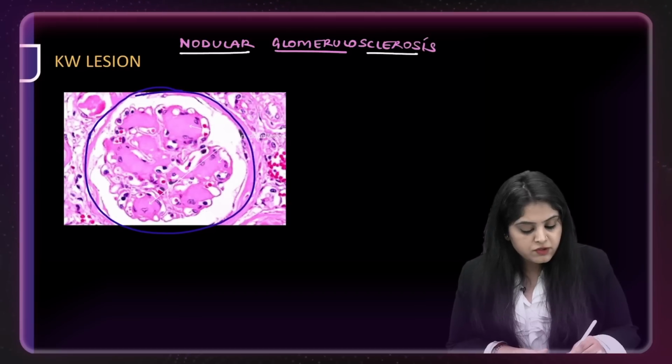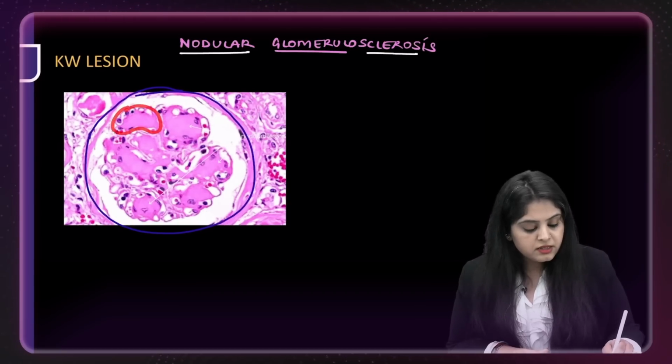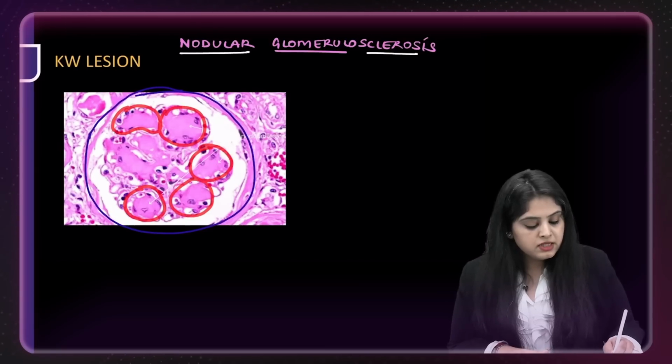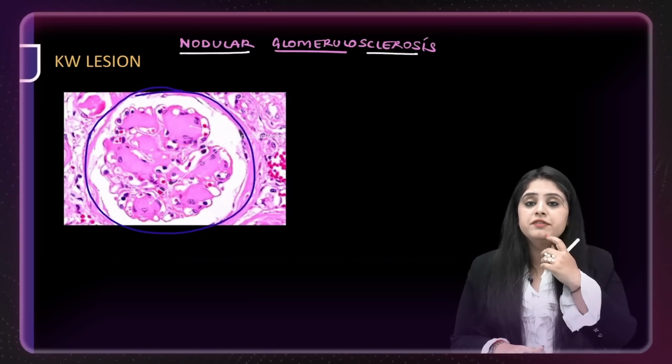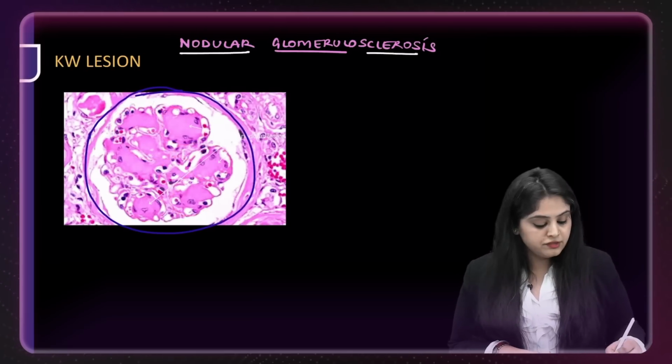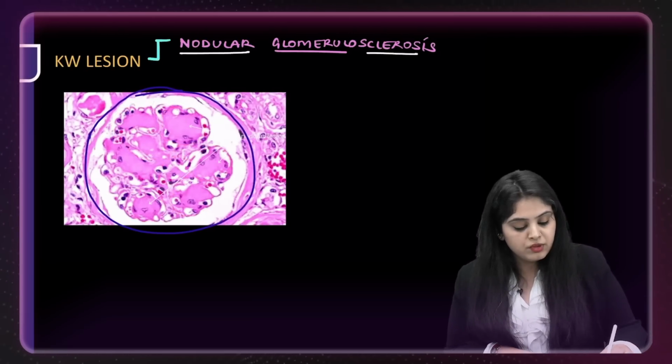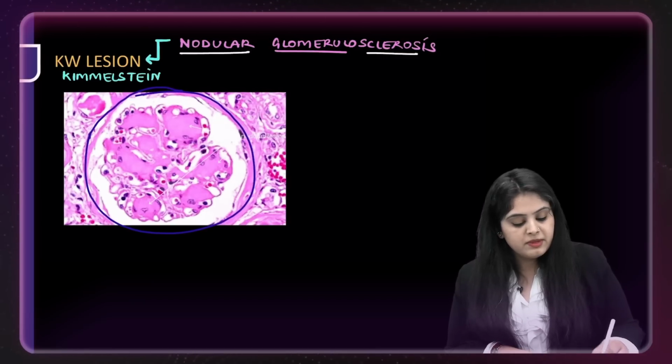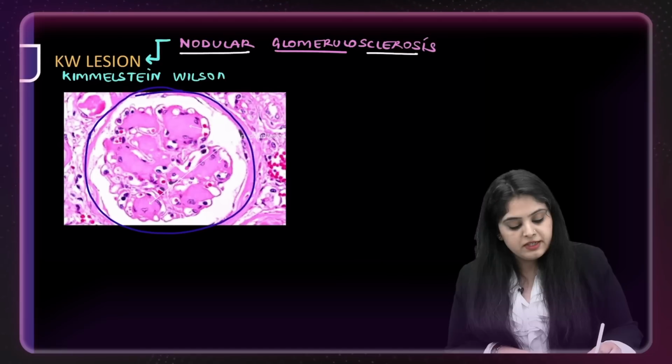So I can visualize pink color material here, here, and here. There are multiple pink lesions that are going to be present in a case of nodular glomerulosclerosis, and this is also known as the Kimmelstiel-Wilson lesion.